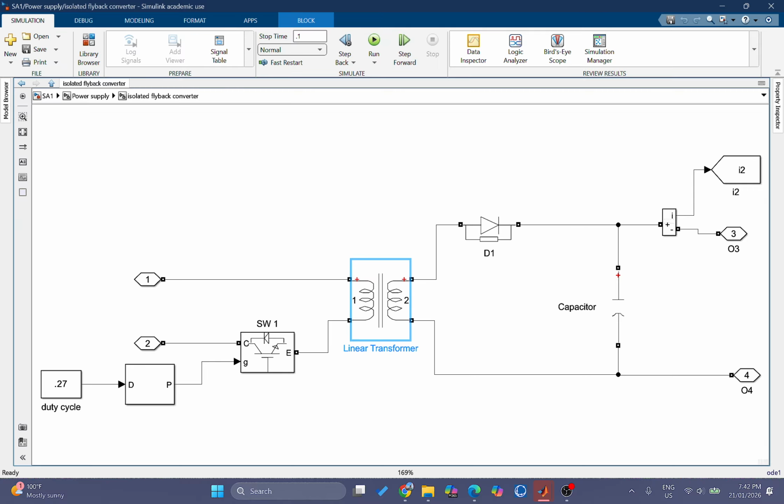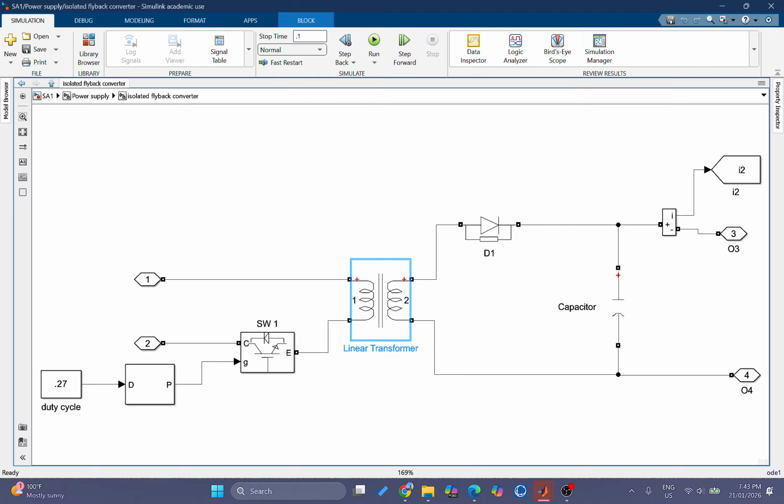And if we use the two-buck converter approach, then it will fail due to a common ground path, and duty cycles will interact with each other. So the flyback topology provides galvanic isolation.